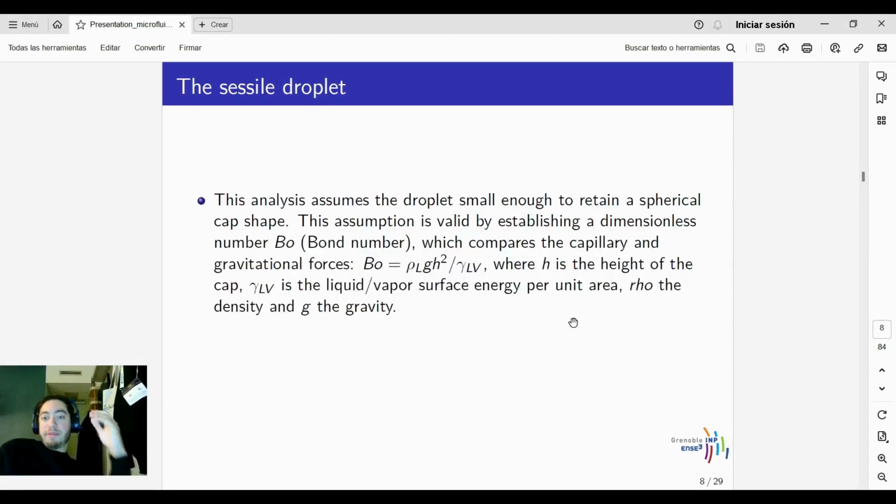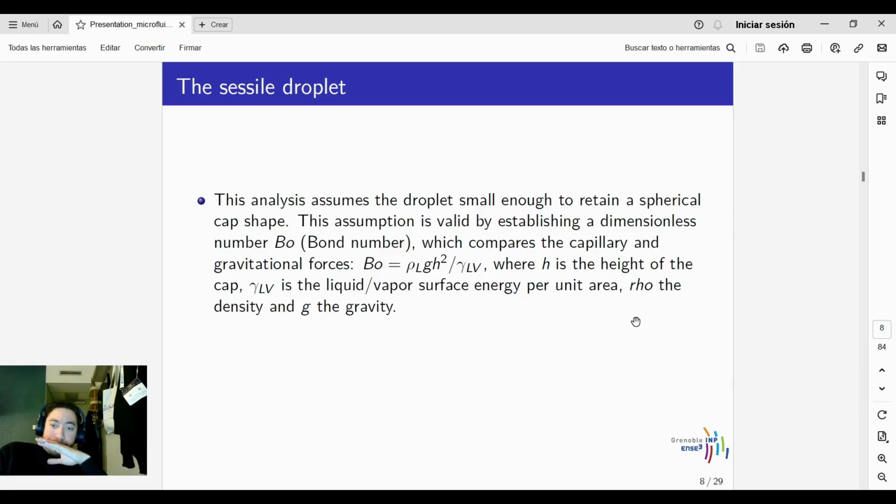So, as I mentioned before, this analysis will assume that the shape of the drop will be completely spherical. This assumption is valid by establishing the relation between the gravitational force that is acting on the drop and the capillarity. This relationship is called the Bond number, defined as Bo, as we can see here in the slide.